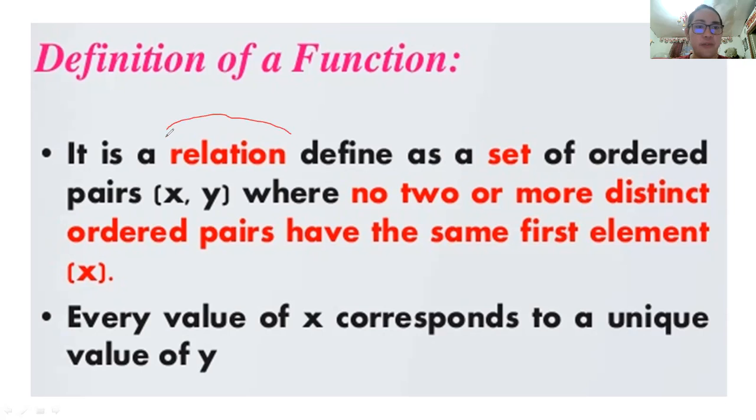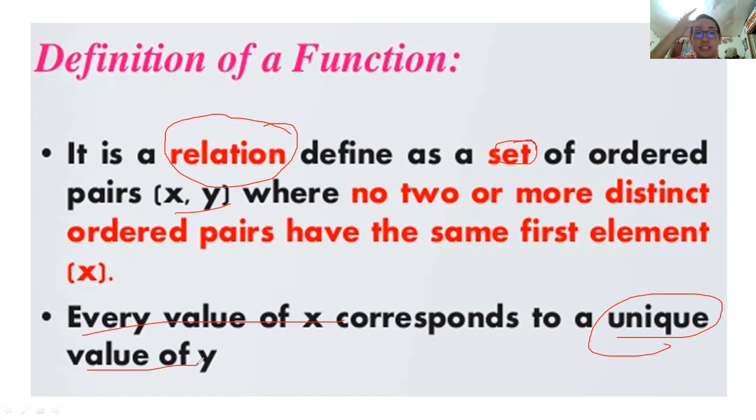A function is a relation defined as a set of ordered pairs, x and y, where no two or more distinct ordered pairs have the same first element of x. So take down note of the function. Every value of x corresponds to a unique value of y. What does it mean?